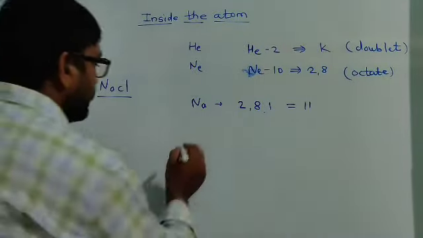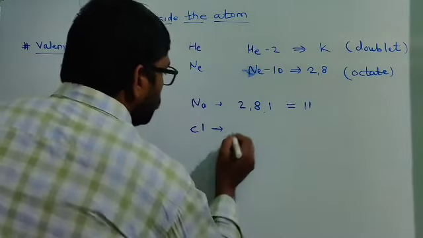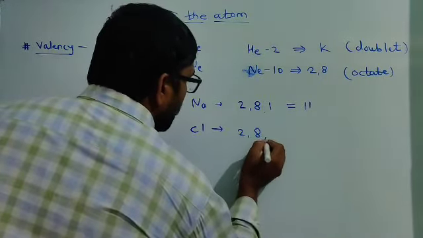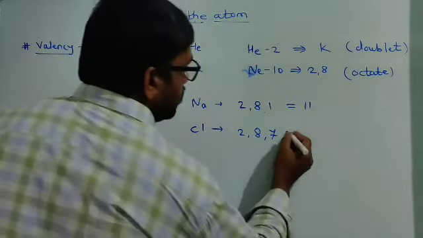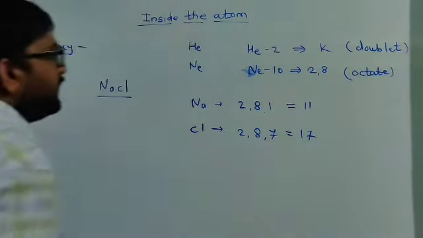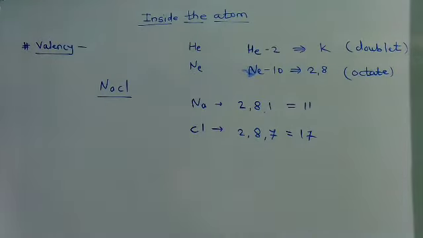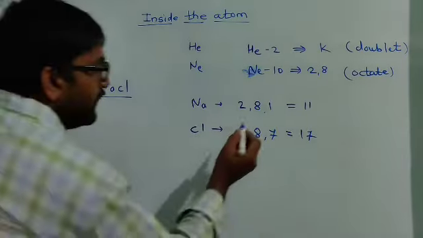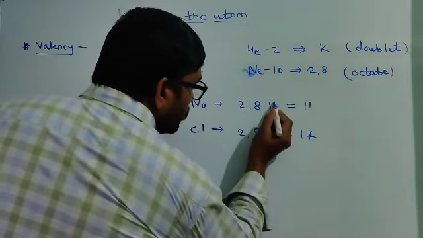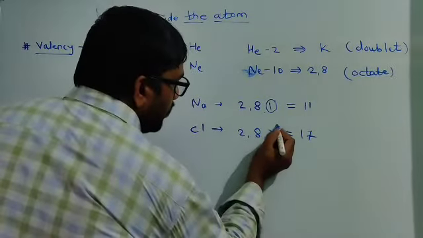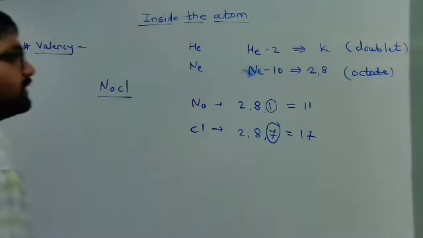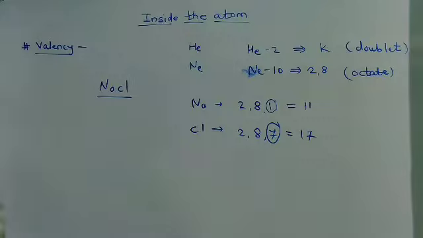Now chlorine: 2, 8, 7. So it has a total of 17 electrons in the atom. But in the outermost shell of sodium 1 electron is there, and in the case of chlorine 7 electrons are in the outermost shell.